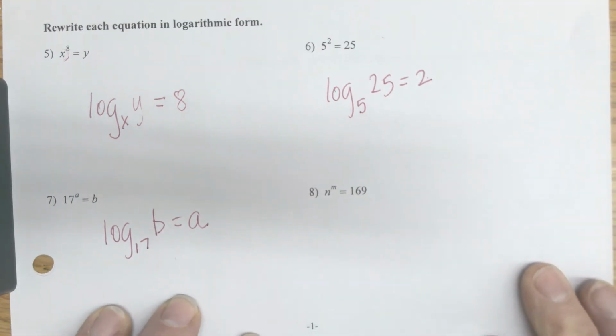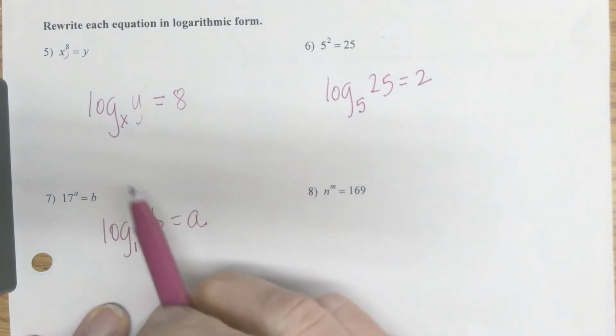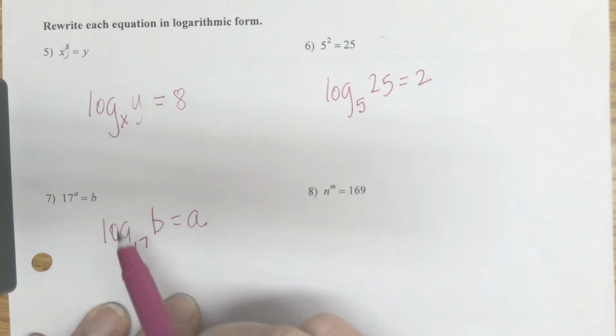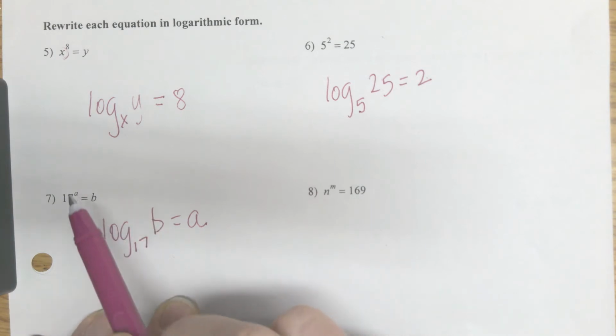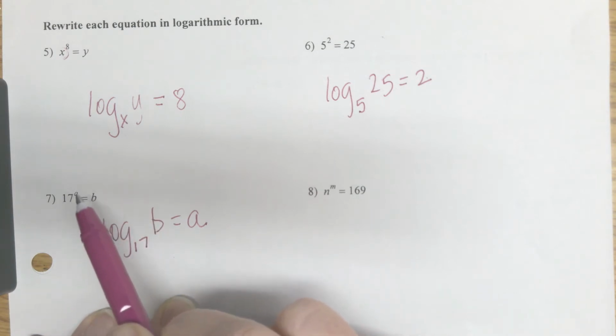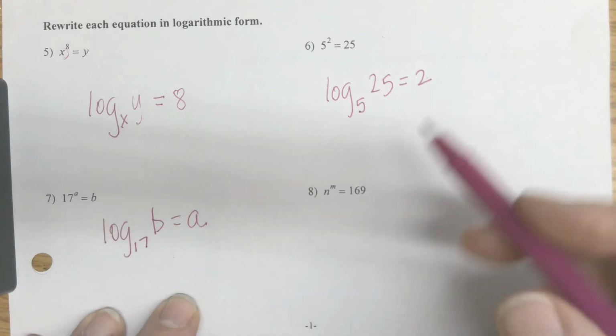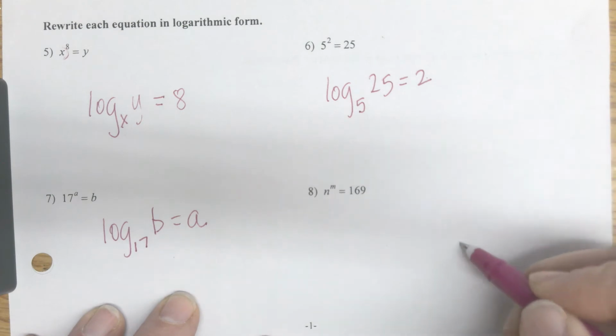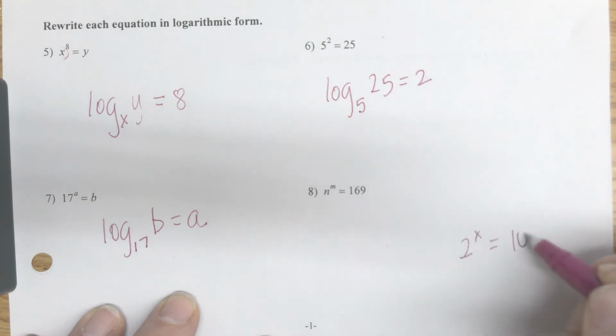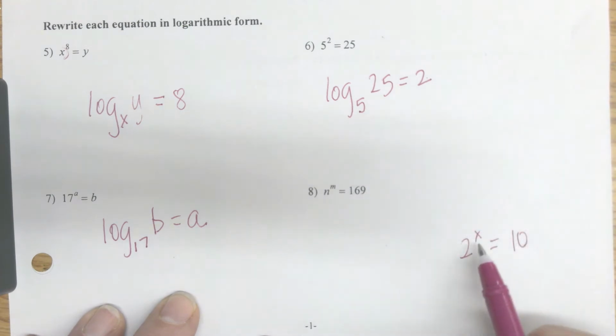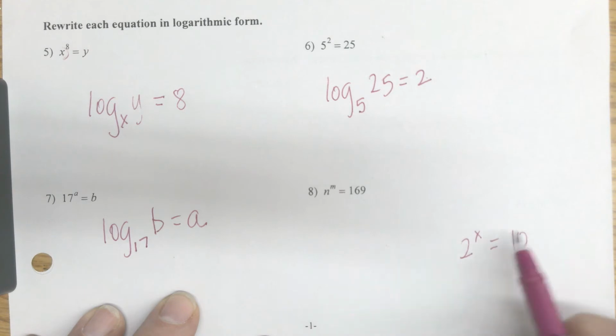And that's kind of why they invented it. John Napier worked with logs, and he did it because that way we could find a power that isn't necessarily an exact value. So if I had 2 to the x power equals 10, well, I know 2 squared is 4, and 2 to the third is 8, and 2 to the fourth is 16. But what would be 10?